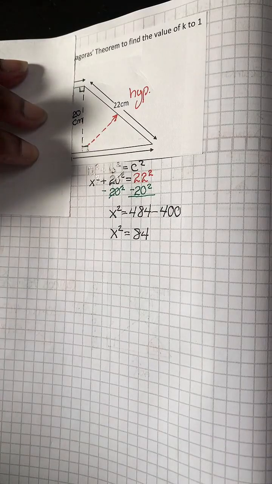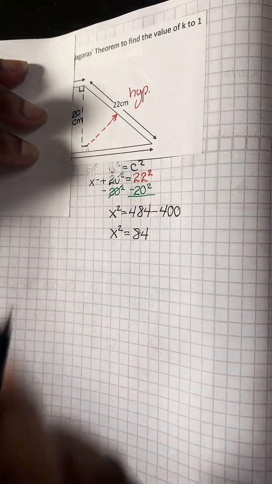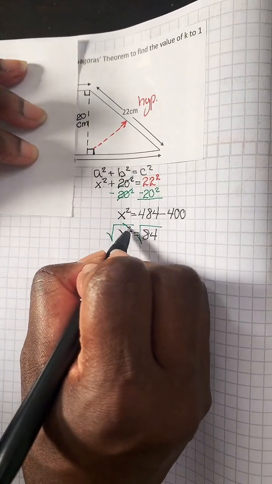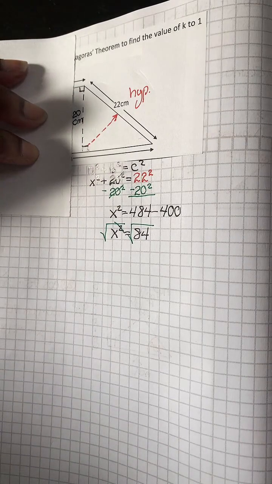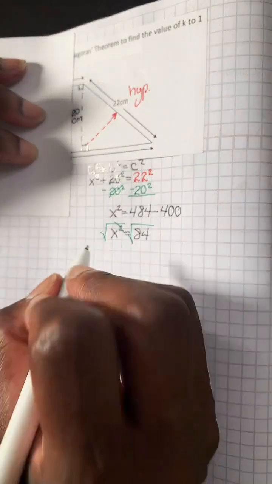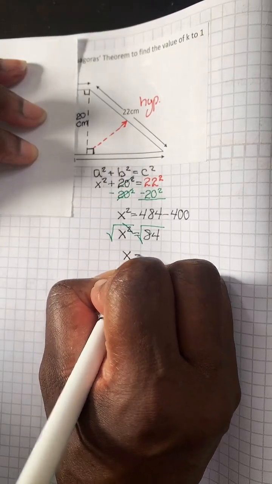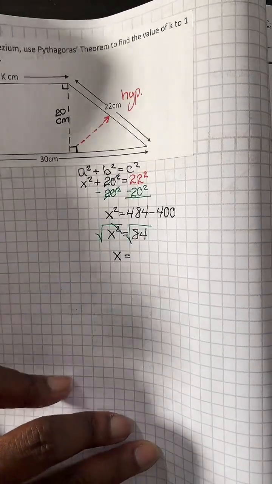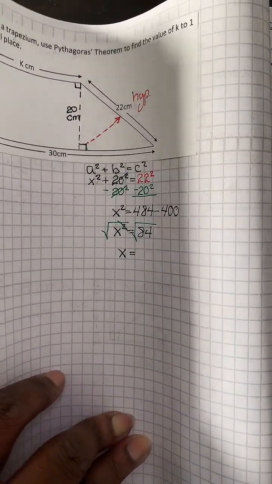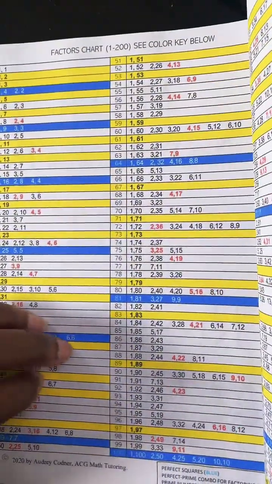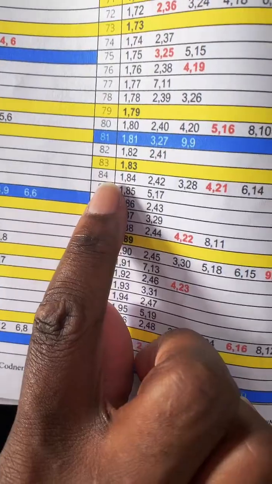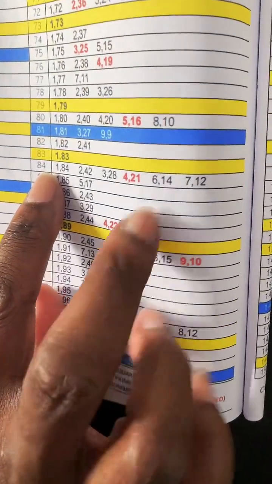Like we've been saying, if you want to get rid of the square, we have to take the square root. Squares and square roots are inverses of each other, so they cancel each other out. So now we have our x equals the square root of 84. Okay, it's even. We might have a chance. So if I go to my 84, let me back up just a hair.